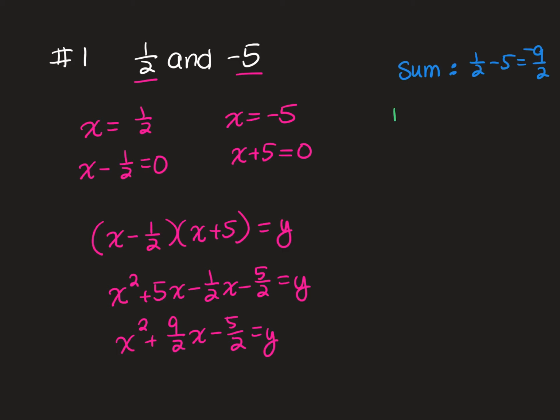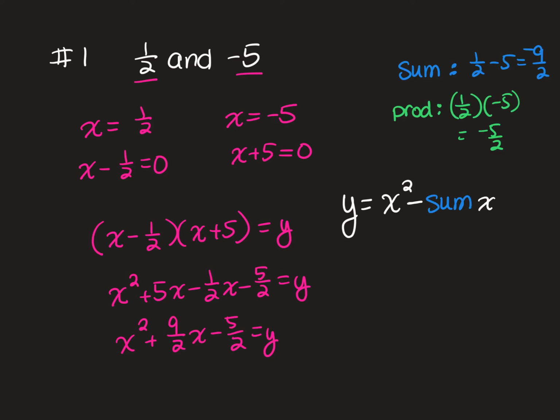And then the product, which is 1/2 times -5, we get -5/2. Then we can write the equation for this quadratic by doing y equals x squared, minus the sum times x, and then plus the product.